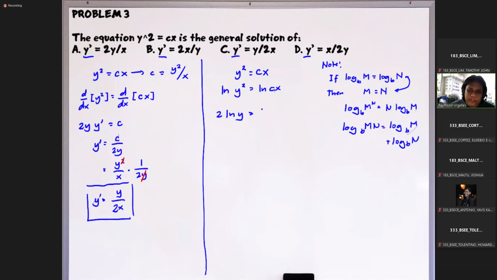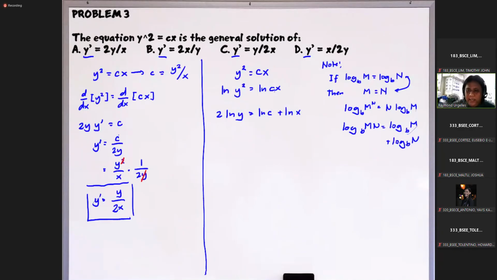So we can write this as ln c plus ln of x. Now, what is this ln c? Since c is a constant, ln of c is just another constant.